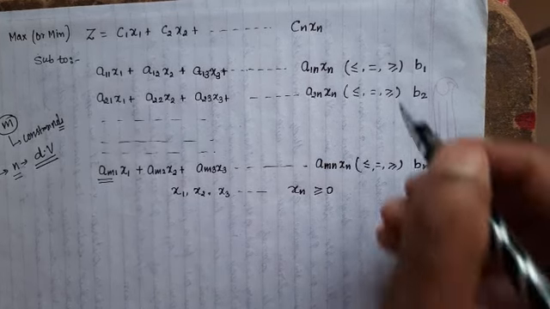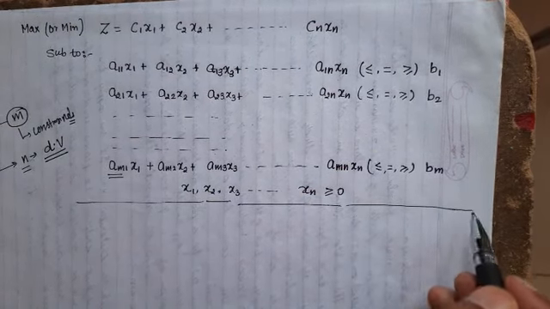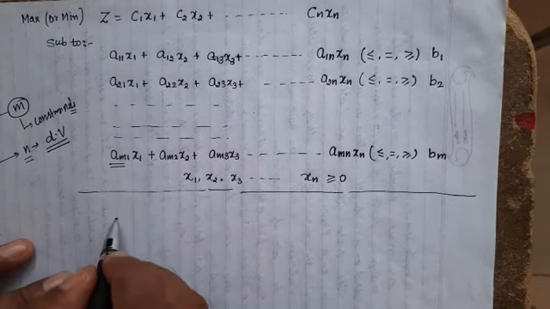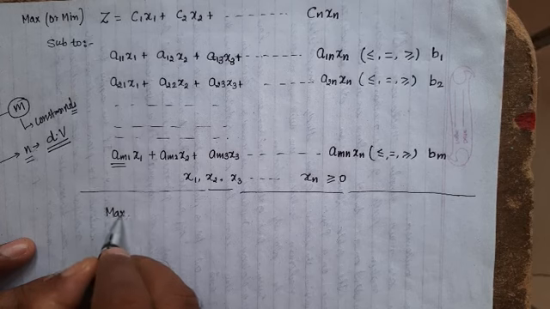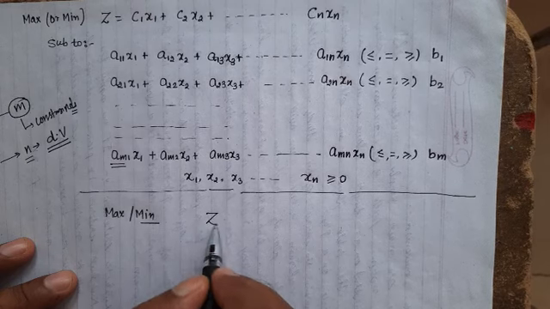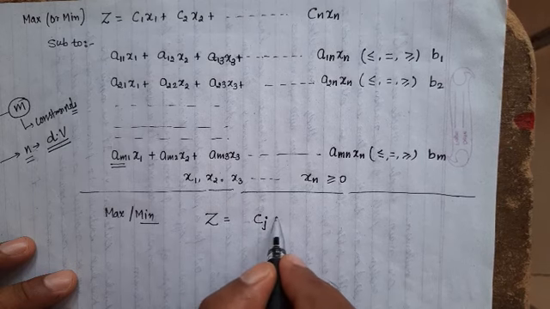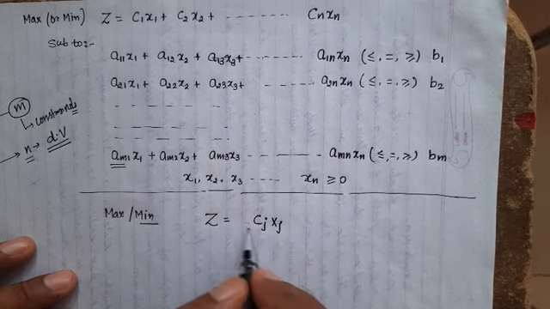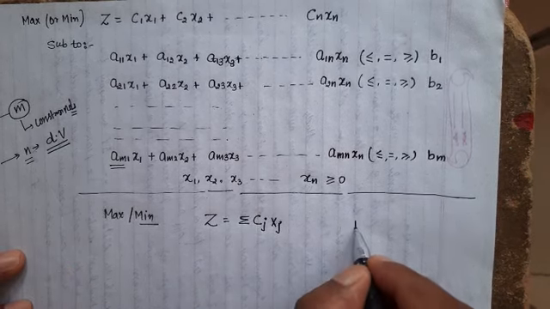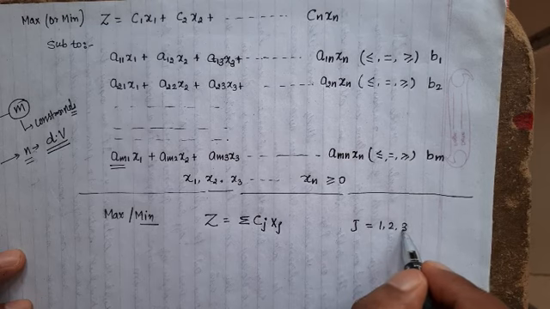So this is the most general form of the linear program problem. It can also be written as maximize or minimize Z, where Z is the summation of cj xj, where j is equal to 1, 2, 3 up to n.